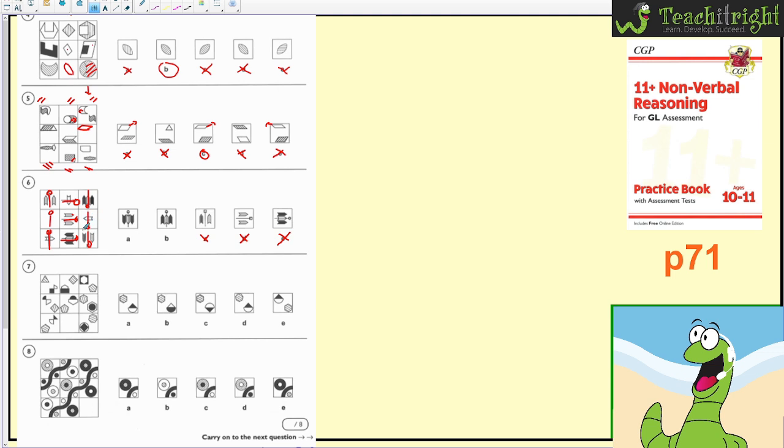Is the whole thing not rotating, is it? Because that's going down, up, right. Let's rub these out and see if I can see more clearly.